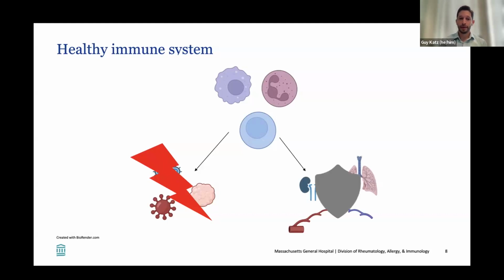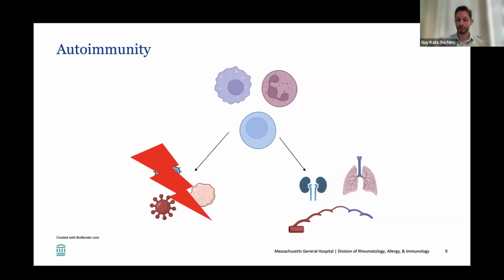Now, in autoimmunity, which is when the immune system starts to go awry and does not do what it's supposed to do, what happens is those cell markers that tell the immune system, this is the body, this is not something foreign, begin to not be recognized by the immune system. So that shield that's protecting those parts of the body slowly or quickly can disappear.